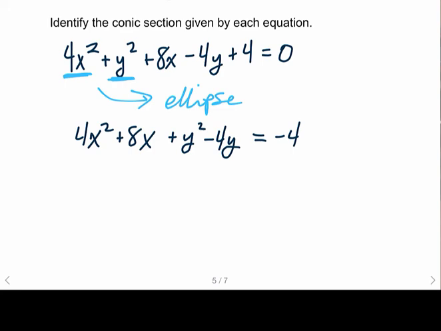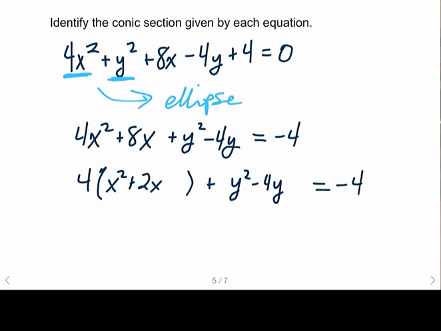Then from the x terms, I'm going to factor out a 4, and that leaves me with x squared plus 2x in parentheses. Leave a space because we're going to complete the square, plus y squared minus 4y doesn't need parentheses because there was nothing to factor out. But I'm still going to leave a space, and that equals negative 4. And then inside the parentheses for the x terms, I'm going to add 1.